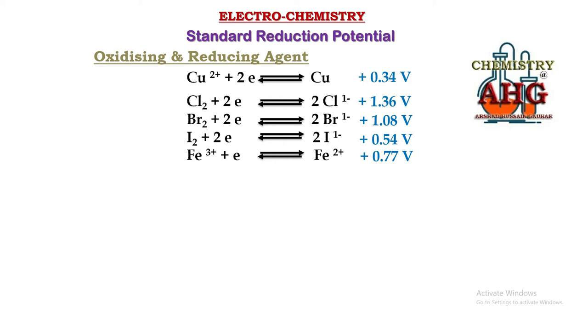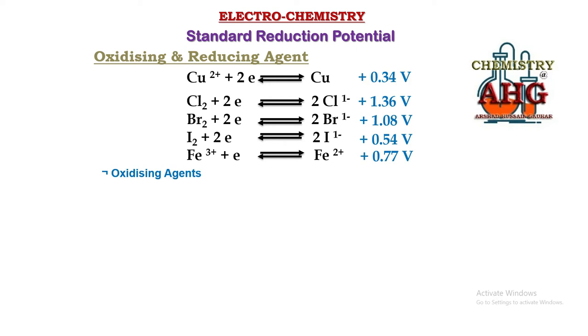So if you are asked to tell what the oxidizing agents are in these examples, you can easily identify that they are Cu2 plus, chlorine, bromine, iodine, and Fe3 plus. These particles on the left hand side of these equations are oxidizing agents, simply because they are undergoing reduction.